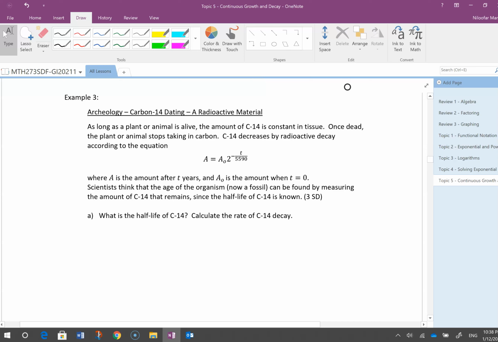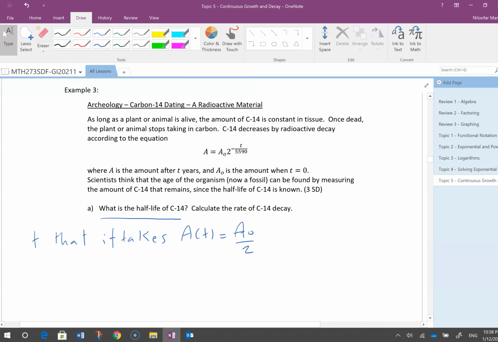Okay, so it says what is the half-life. Let's say we don't know, so here we can find it. What does half-life mean? It means the time that it takes for AT to be A0 divided by 2. How long does it take to go from A0 to half of that?